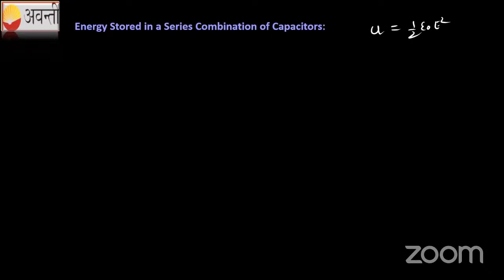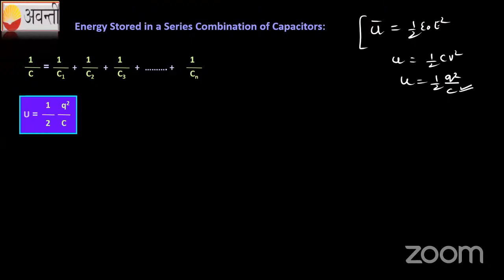If I'm connecting n number of capacitors in series, what will be the capacitance? What will be the energy that we need to calculate? Just imagine for one capacitor we have Q. If I am connecting n number of capacitors like this till the end, we need to calculate the total energy.